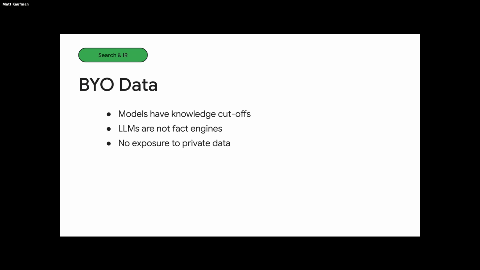So if something really important happened the next day, it's not going to know about that. I think most of us are familiar with that because we've all heard about ChatGPT and the different models. It's the exact same with Gemini and any other model you're working with. It's going to have a limit to how much it knows, and that limit is actually time or date based and not necessarily size. It's really based on the day that they said, okay, we're done. So that's one issue to keep in mind.